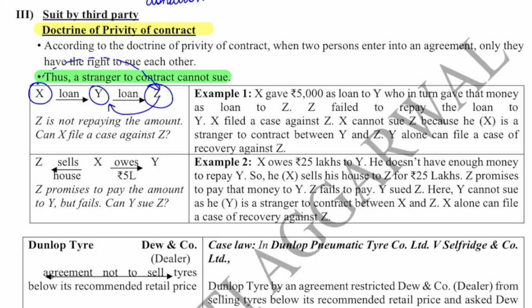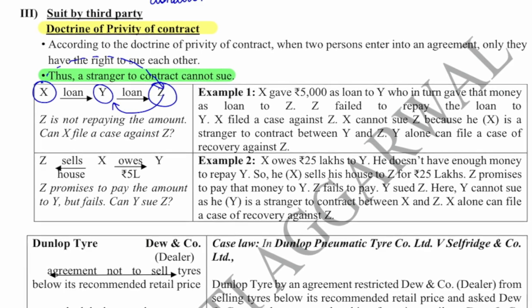Another example. X owes 25 lakh rupees to Y. He doesn't have money, so he sells his house to Z. Z promises to pay that money to Y, saying that he lives near my house, I will pay it to him. But he fails. So, can Y sue Z?